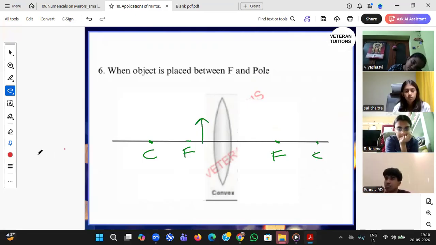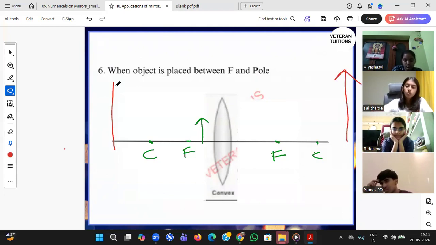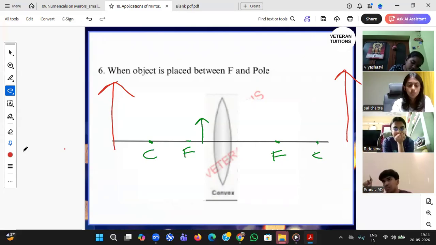Where will the image be formed? Sir, behind the lens. Here? Behind the lens means this is also behind the lens, like beyond C. Yeah, you can see, beyond C.